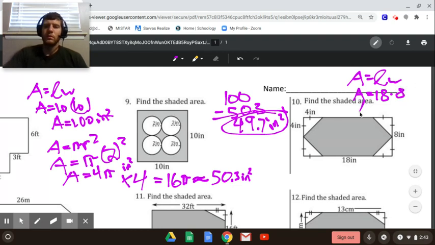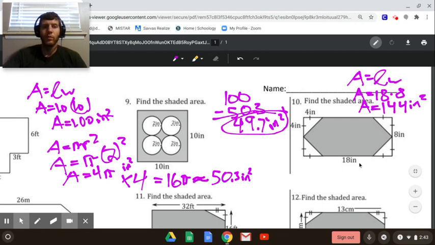Let's just use the calculator. 144. Wow, I'm way off. All right, 144 inches squared. So that's the area of the whole rectangle.